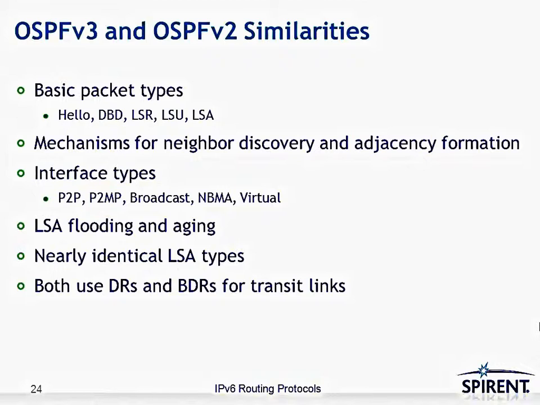Interface types, point-to-point, point-to-multipoint, broadcast, non-broadcast multiple access, and virtual links are similarly implemented with OSPF version 3 and OSPF version 2. The LSA flooding and aging techniques are the same. Nearly identical LSA types, and both use designated routers and backup designated routers for transit or broadcast links.